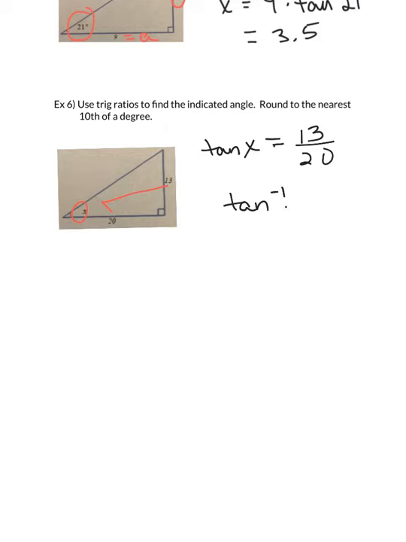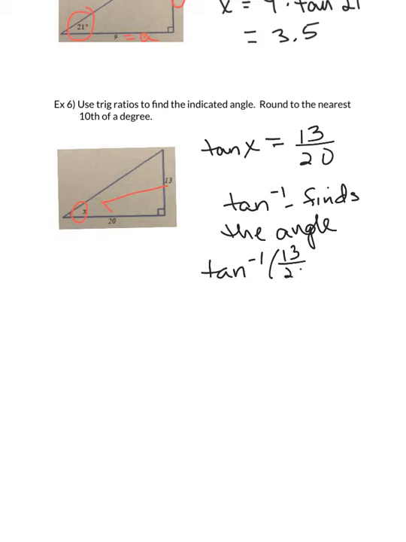This function finds the angle that has the given ratio. So what you are going to have to do on your calculator is do the tangent inverse of 13 over 20, and then this will tell you what the angle measure is.